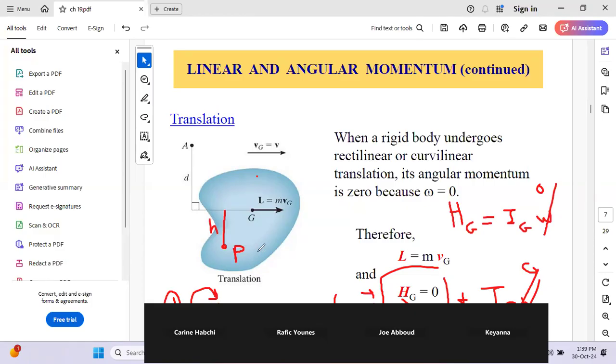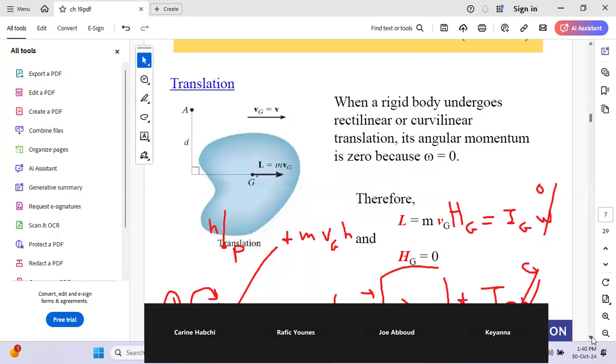So here HP will be equal to plus mvg times small h. So in translation, the angular momentum about G only is 0, but not about any point. Pay attention to this. Okay. So this is our first particular case.